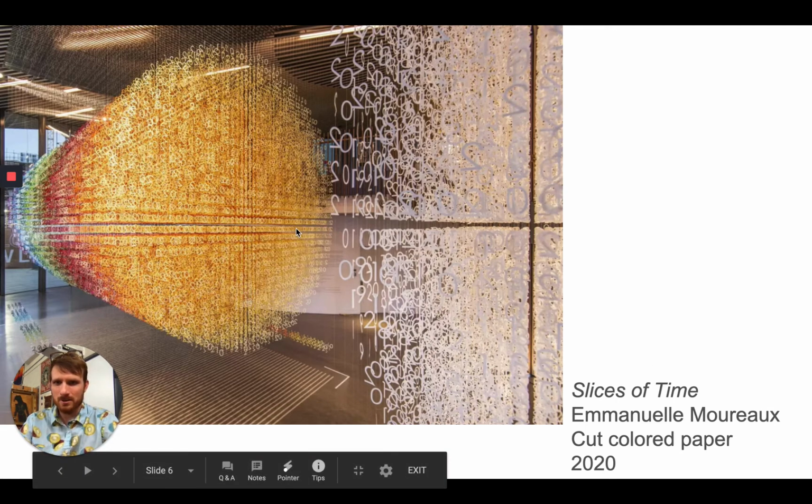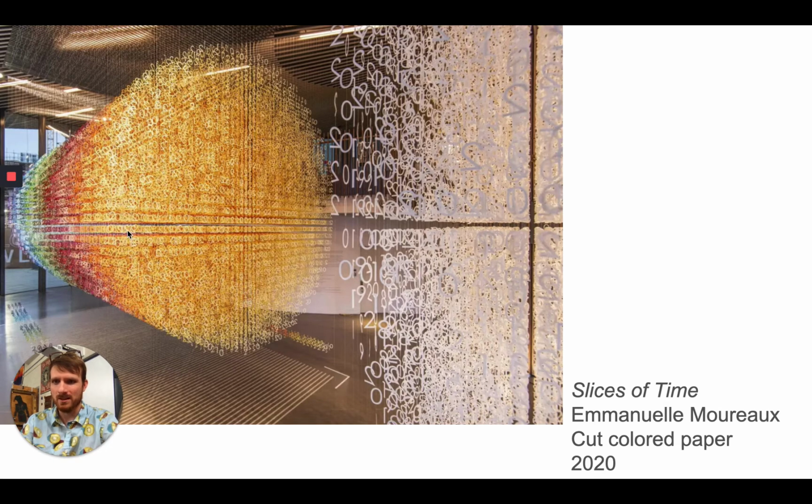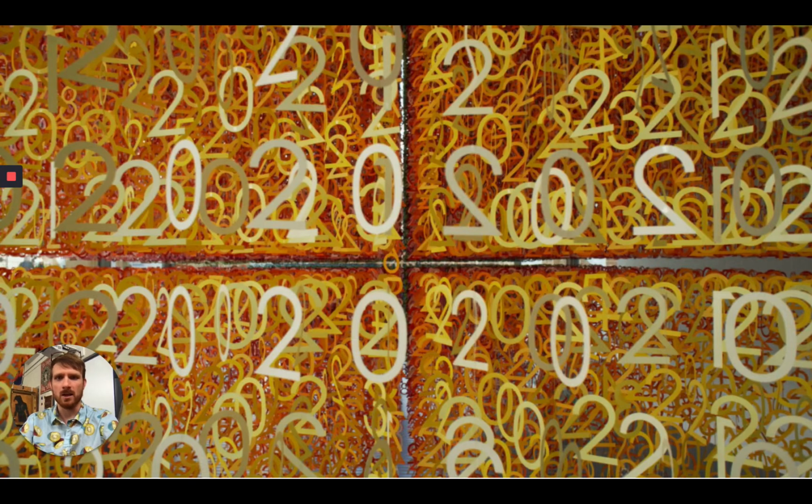So here's another view. I think it's really interesting how when you line up, you can see essentially a gap through the entire piece, where these are all hung in a very systematic way.